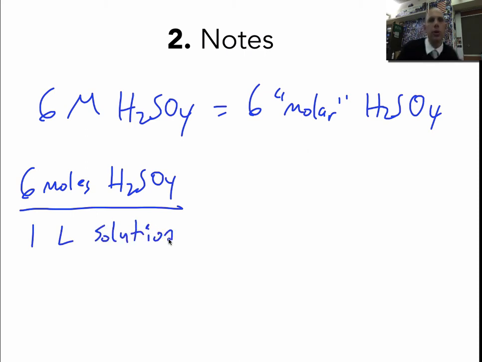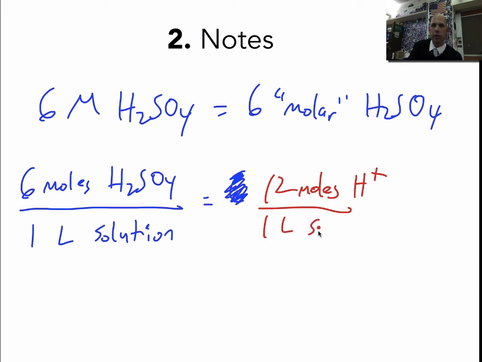Okay, but what if I were to look at the concentration of the H's instead? Okay, well, that means that we have 12 moles of H plus per every 1 liter of solution.